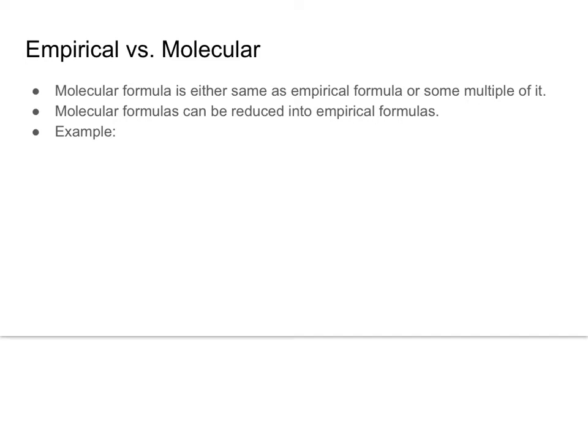The molecular formula, again, is either the same as an empirical formula or some multiple of it, and molecular formulas can easily be reduced into empirical formulas. An example of this would be as follows. The molecular formula for a compound may be C6H12O6.